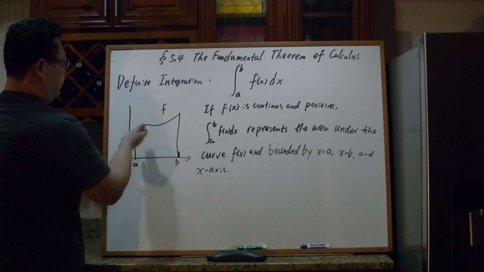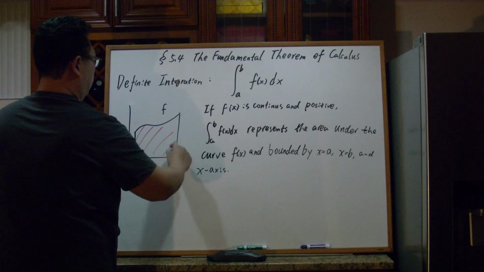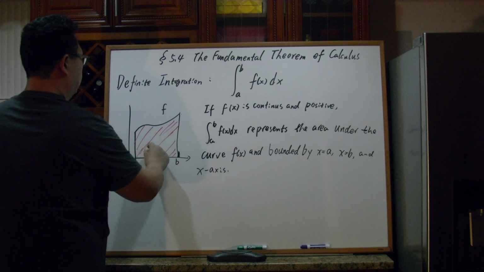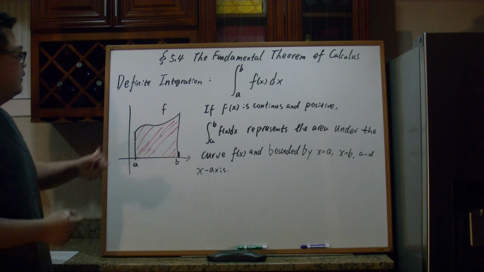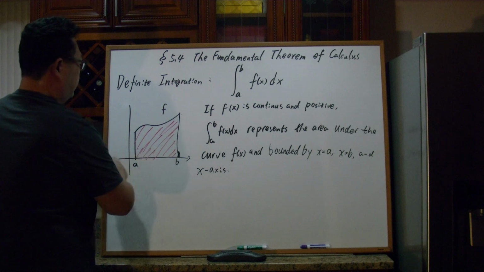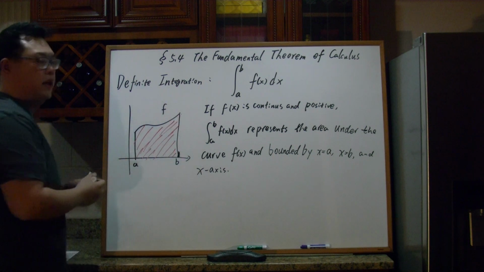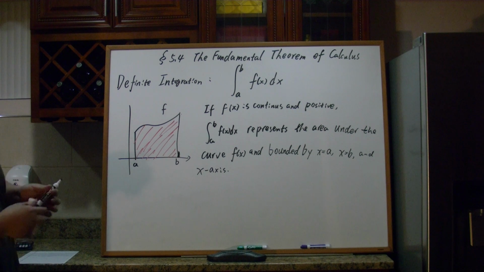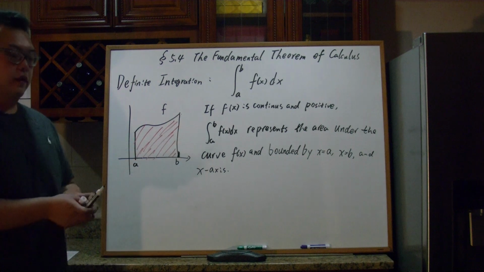So if f is positive and continuous, the area under the curve f, bounded by the x-axis, the vertical line x equals a, and the vertical line x equals b, is the geometric meaning of the integration.